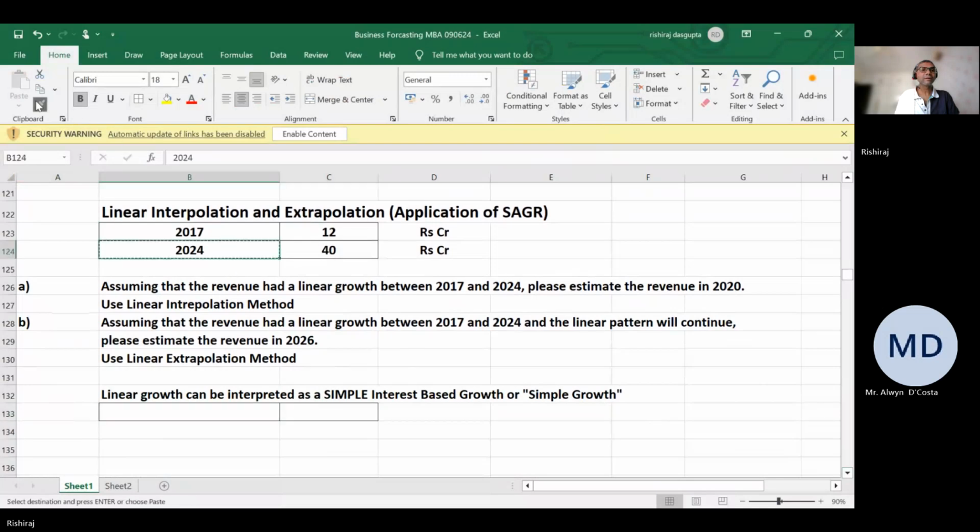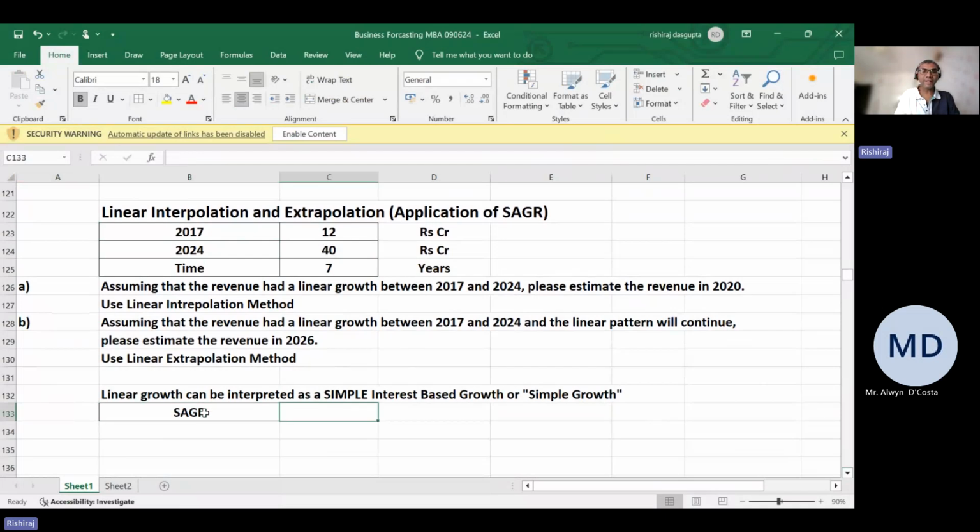We have time 7 years. So we calculate SAGR directly.